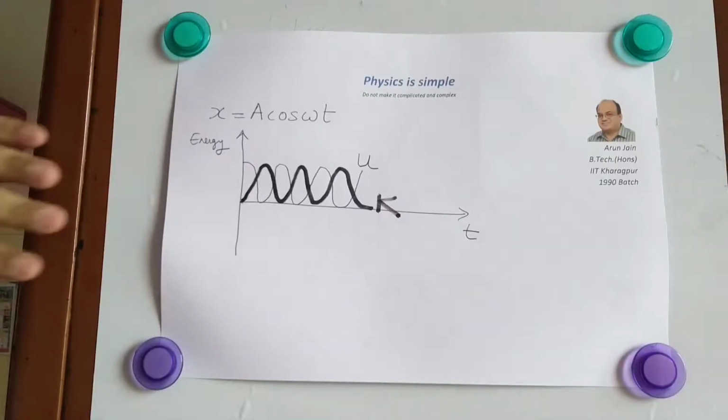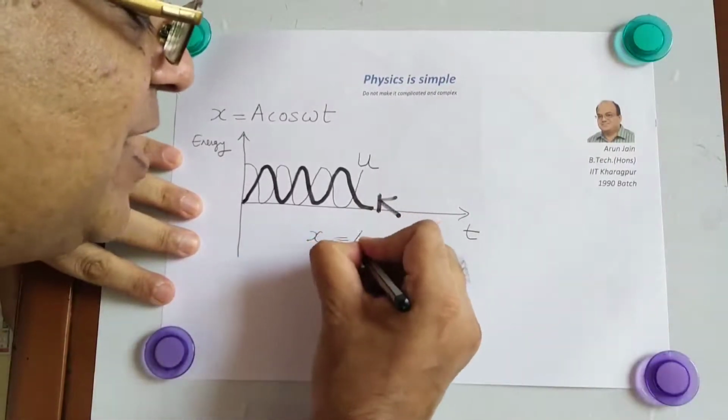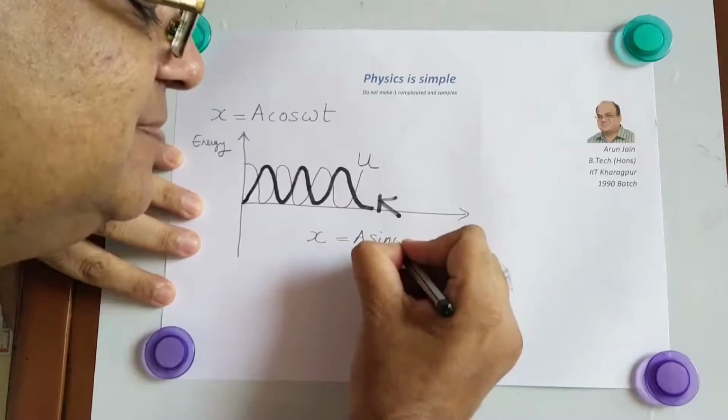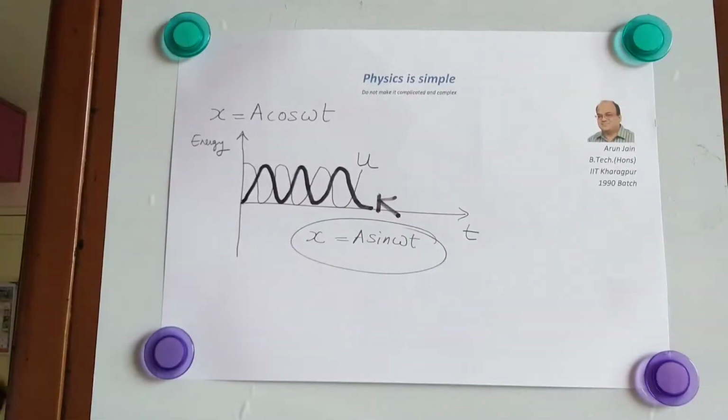But suppose some SHM is x equal to a sin omega t. If x is a sin omega t, then these graphs will interchange.